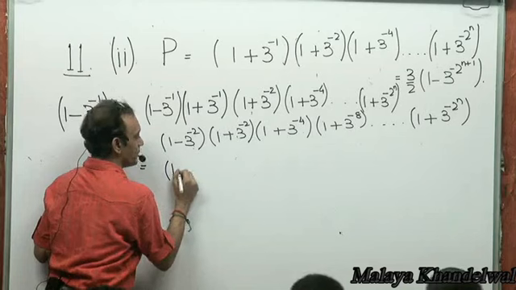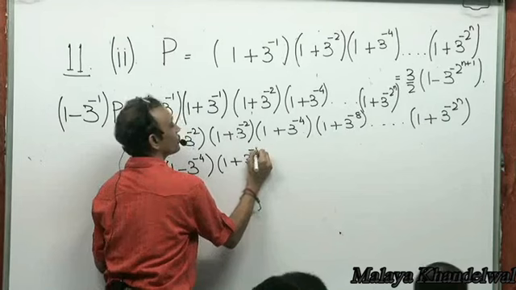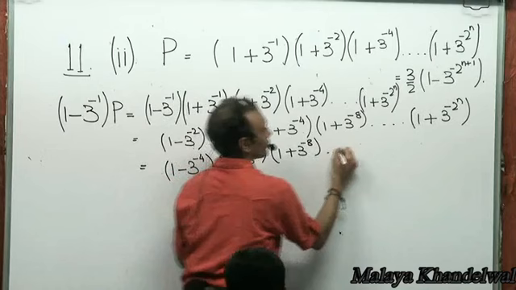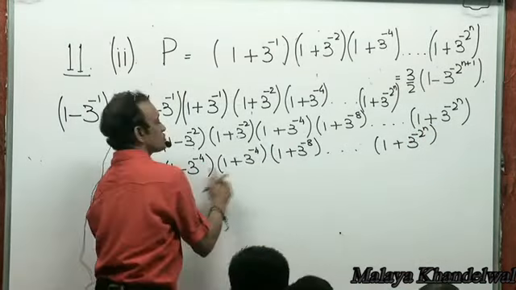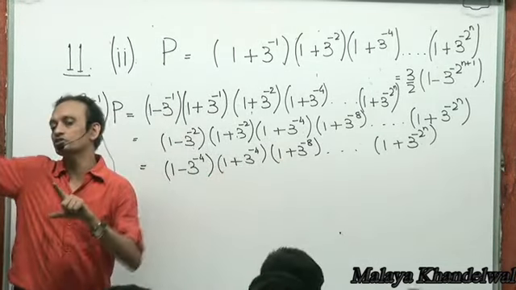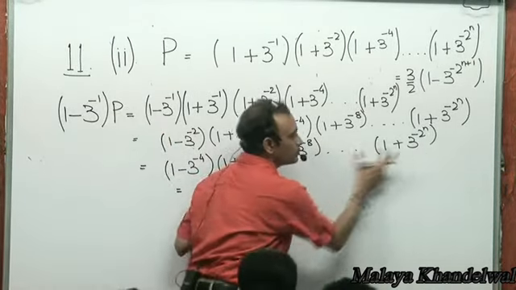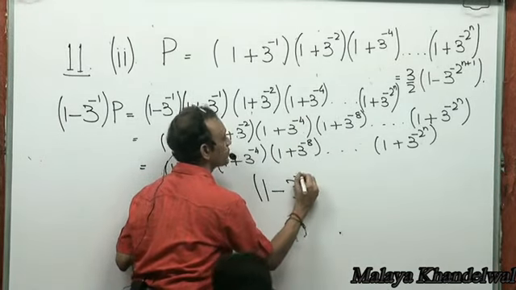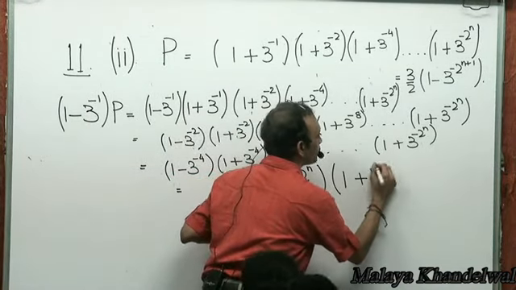So this would be like (1 − 3^−4) into (1 + 3^−4), (1 + 3^−8), up to (1 + 3^(−2^n)). Eventually, this will become (1 − 3^−8) into (1 + 3^−8), and so on and so forth. Eventually, if you keep doing this, then the term before this, after having absorbed everything, would be (1 − 3^(−2^n)) into (1 + 3^(−2^n)).